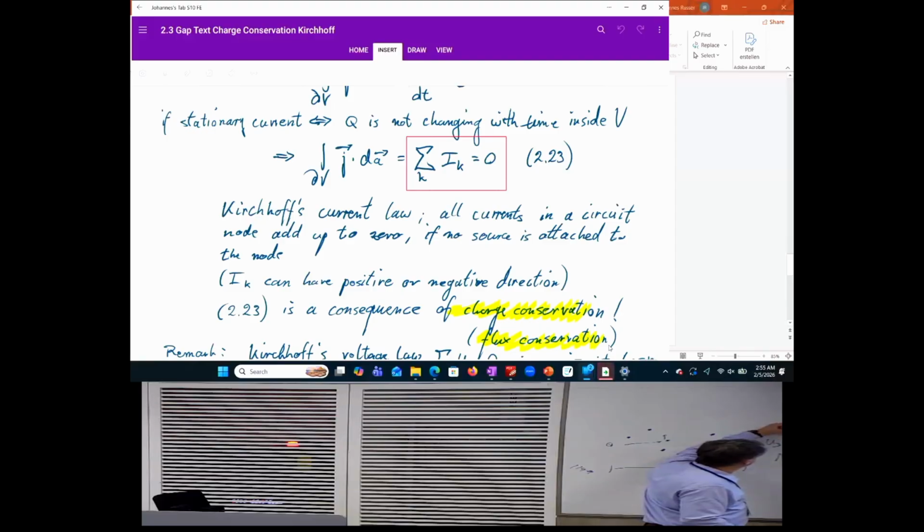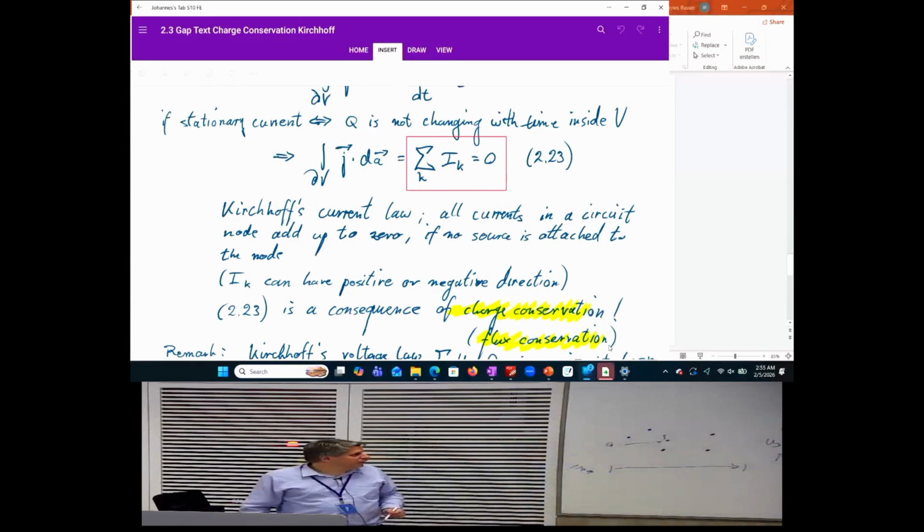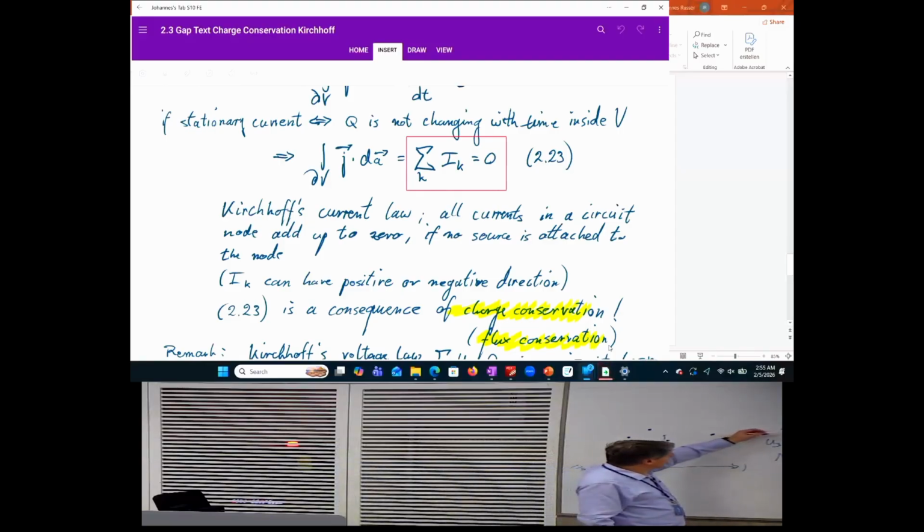In this case, let's call them I sub A, I sub B, or whatever you like to call them. But the Kirchhoff current law tells you that in this node, everything that comes in must also exit again. So the sum of all these currents, and this is only 2, but you can have 3, 4, 5 branches coming out, add up to 0. That is a consequence of the charge conservation.